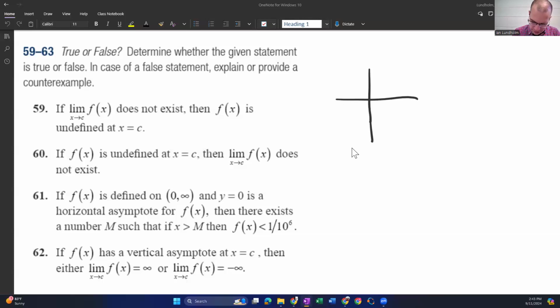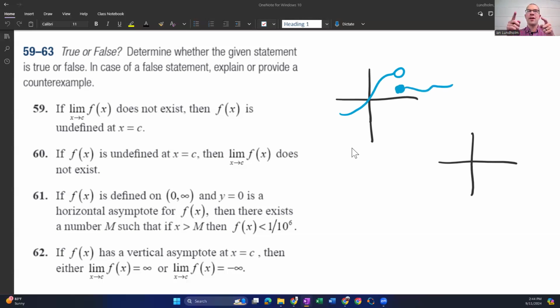59 and 60 both involve limits. That first one says, if the limit doesn't exist, then the function is undefined. That is not always true. So technically, this one's false. We could have a function that goes like this, stops at some point, and then begins at another point directly below it and continues going.